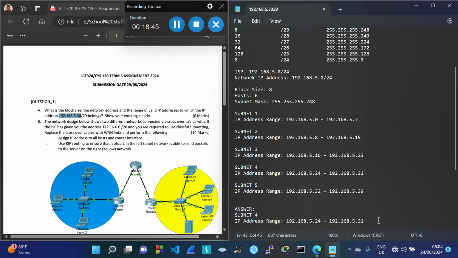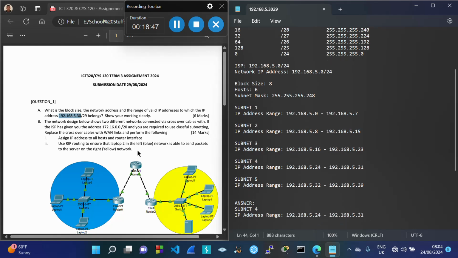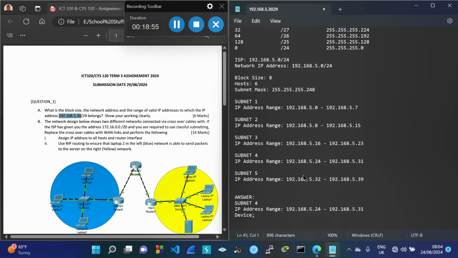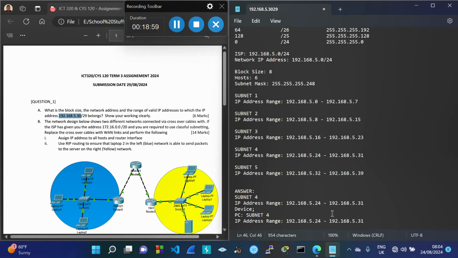So remember, they are saying a device, for example, if it's a PC, is assigned with .30, which is 192.168.5.30. Yes, it's possible because a network address cannot be assigned to a device.